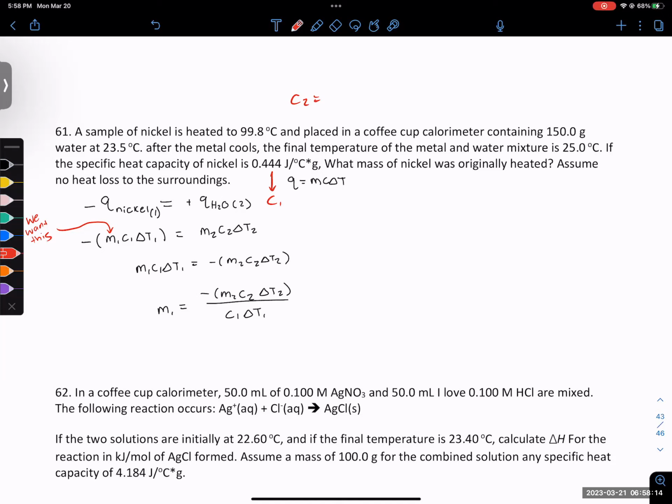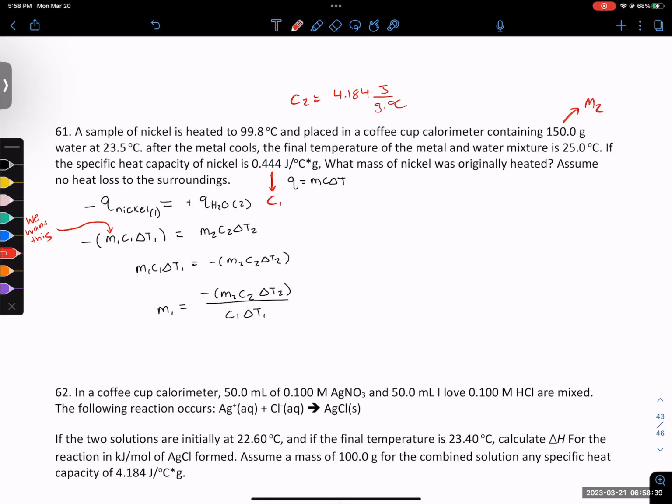Wait, say again, I'm sorry. What's the specific heat of water? 4.184. Yeah. Thank you, Sydney. 4.184 joules per gram times degrees Celsius. So that's C2. The mass of the water was right here. So that's M2.